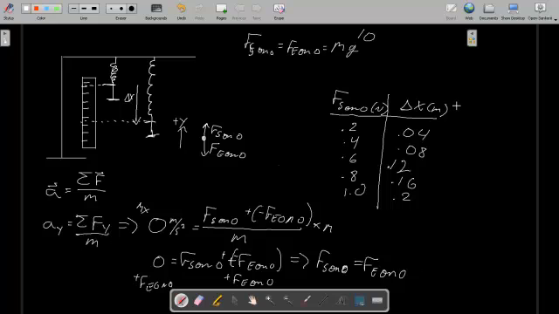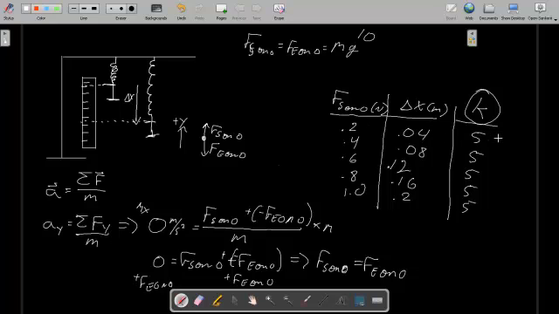And so this 5 that we came up with here is called the spring constant, k. And the units for the spring constant, if we multiply the displacement in meters by 5, we need to get newtons.